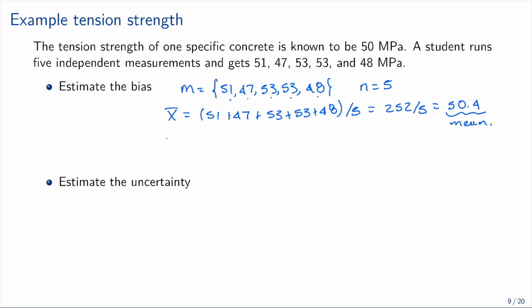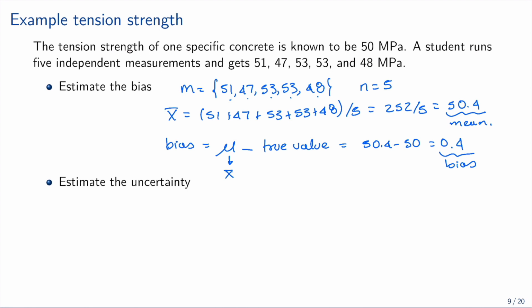Now the bias, by definition, is equal to mu minus the true value. In this case, mu will be approximated by x bar, so this is equal to 50.4 minus 50, the true value, which is equal to 0.4, and that's the bias.